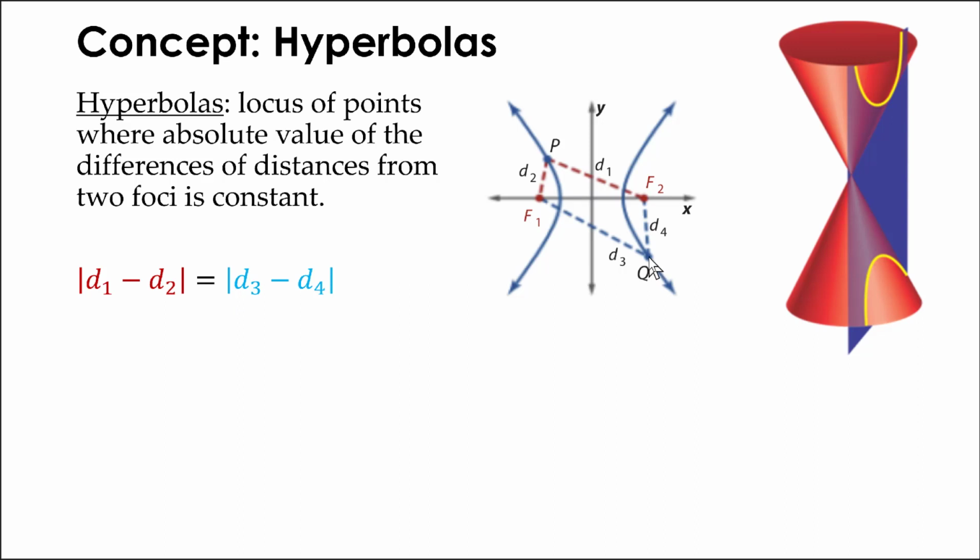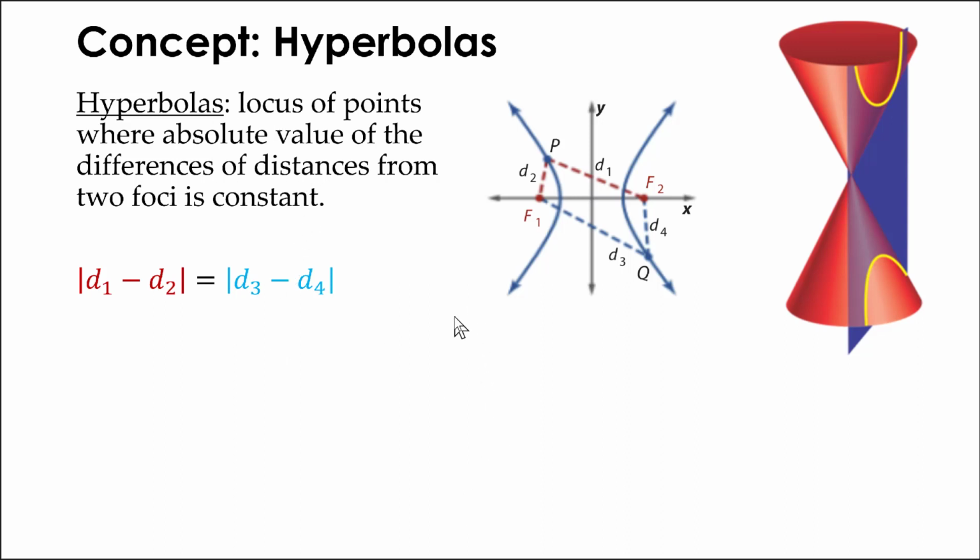You can come way over here, take a look at point Q, and the distance from the foci to point Q, the absolute value of the difference of those distances, very wordy, but that is going to just be equal. Hopefully that helps seeing the equations there. It's not as complicated as it sounds from the words.